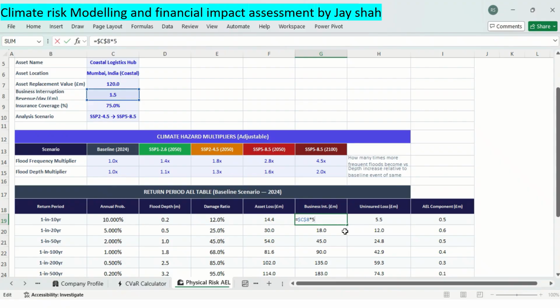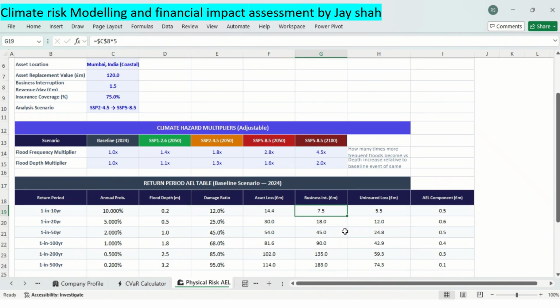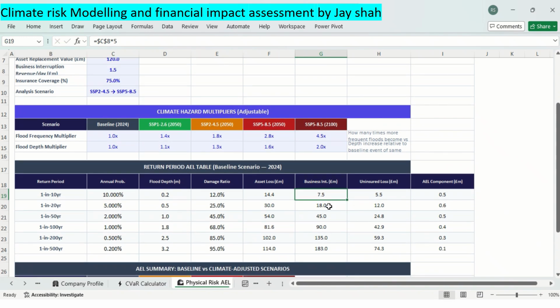C8 is the daily revenue of 1.5 million, an absolute reference. The 5 is the number of disruption days, hard coded for the 0.2 meter flood. For deeper floods this increases: 5 days for 0.2, 12 days for 0.5, 30 days for 1 meter, 60 days for 1.8, and 90 days for 2.5. You can definitely adjust this based on your region. So it comes to 7.5 million of business loss overall.